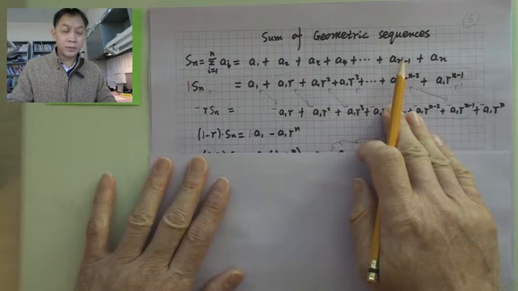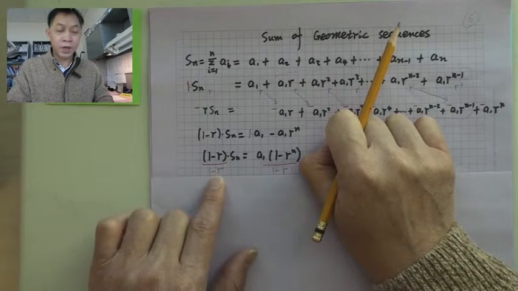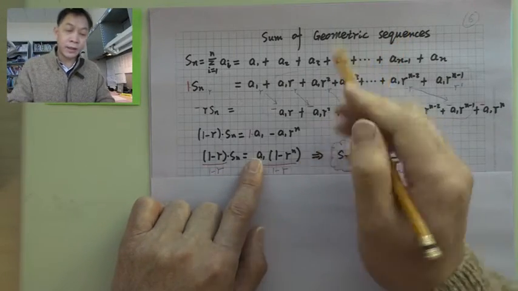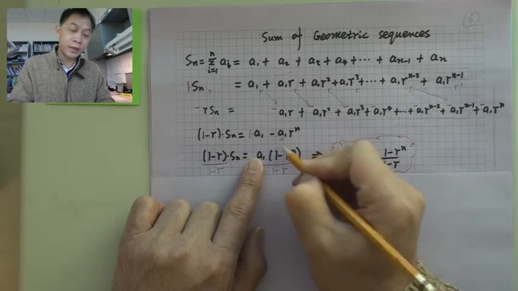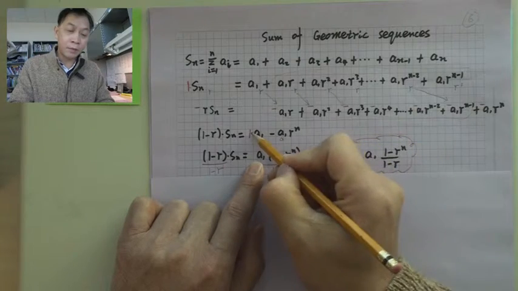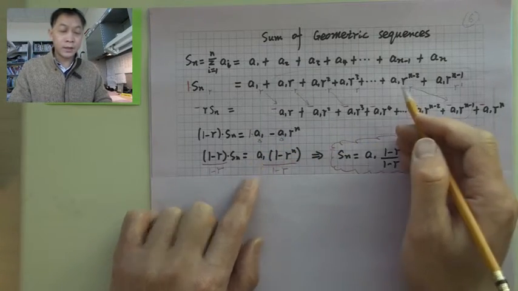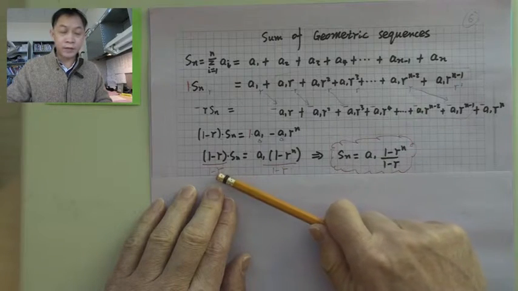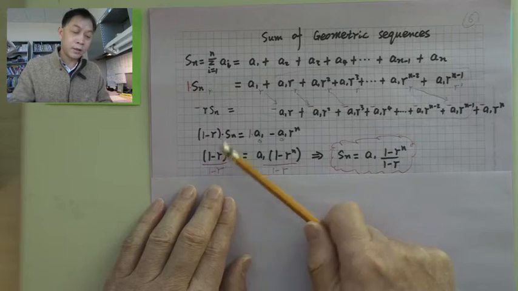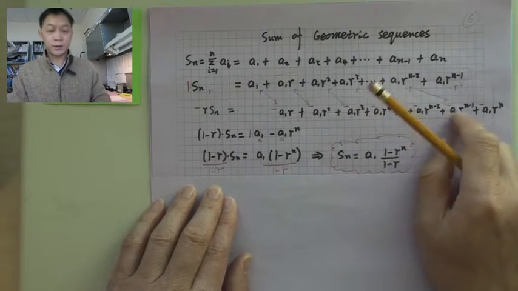Now both sides divided by 1 minus r. Right here, again, you can also pull A sub 1 out. Then you have 1 minus r to the n. And then both sides divided by 1 minus r. You then have the 1 minus r cancel each other.